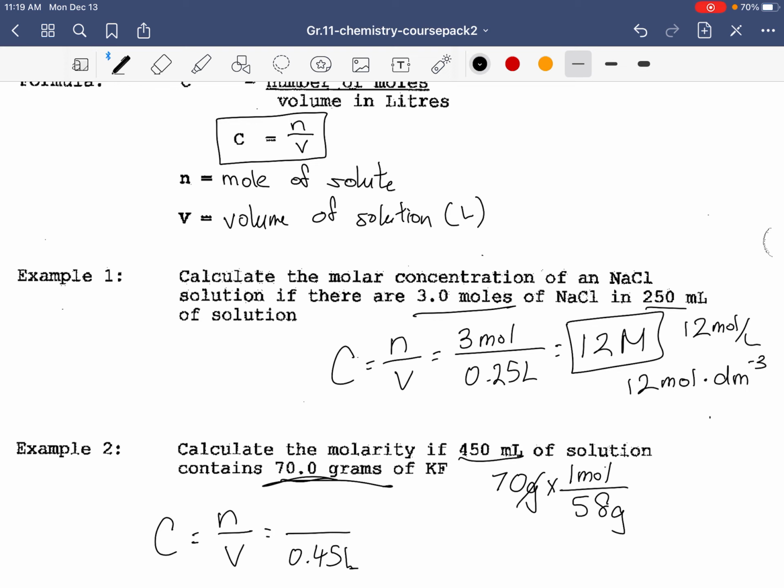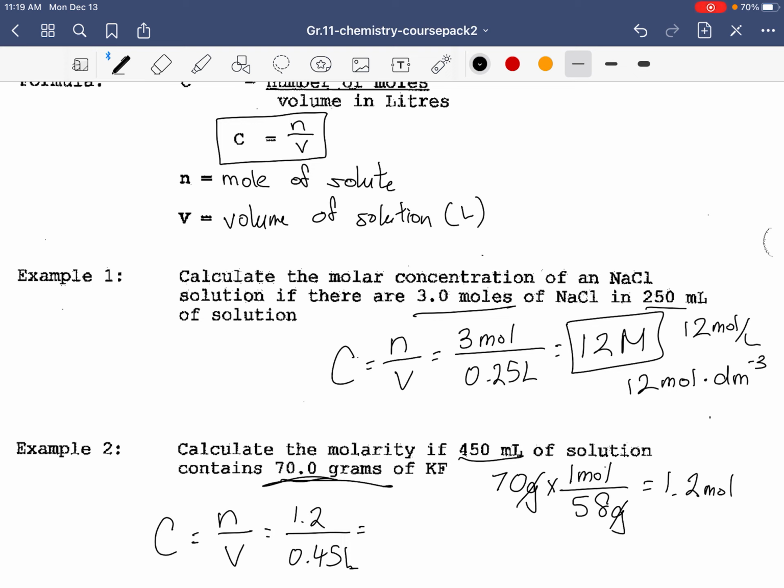All right. Grams cancel, of course. And then what we have here is just 70 divided by 58. That's 1.2 mole. Okay, so 70 grams of KF is really 1.2 mole. So let me plug this into my lovely molarity equation.